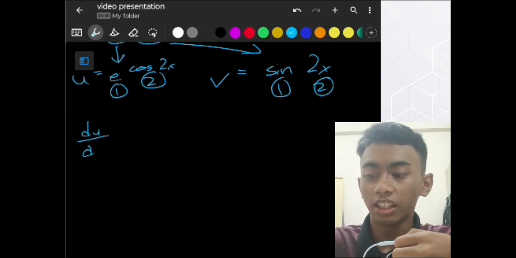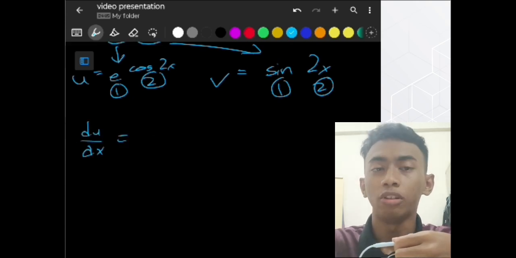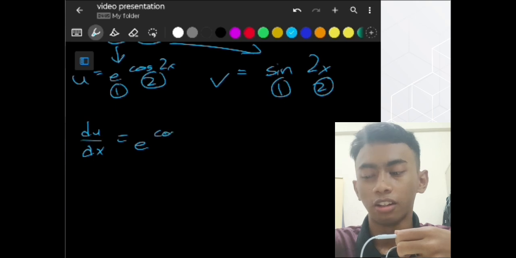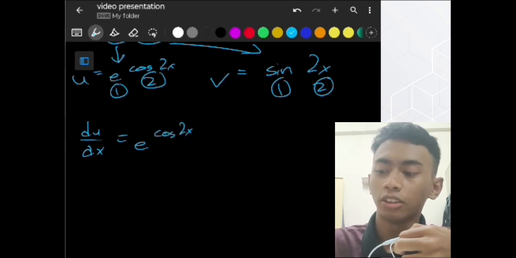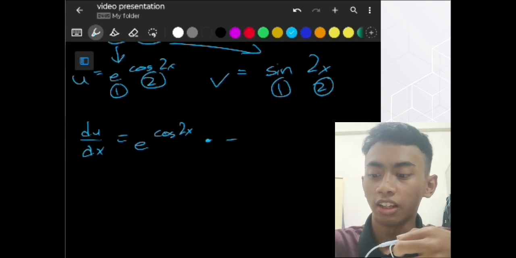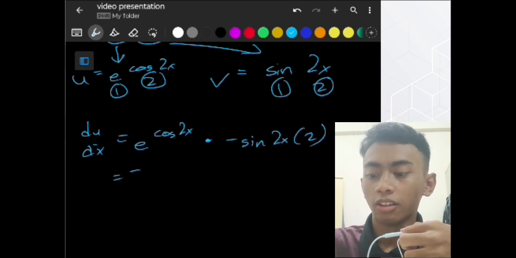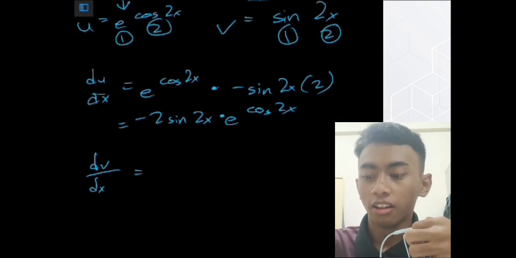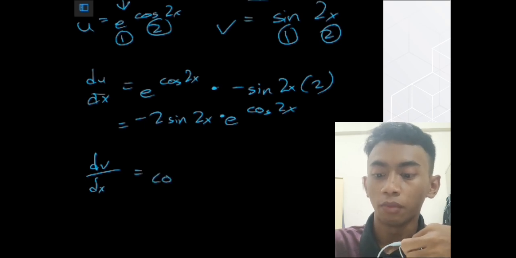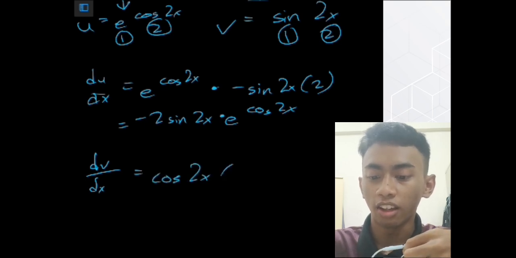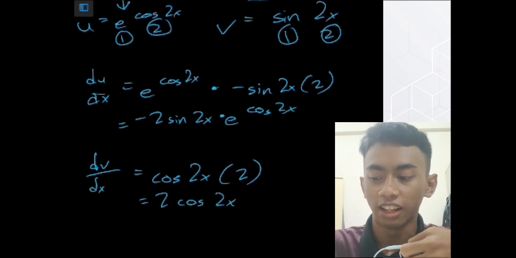If we differentiate e to the power of cos 2x, it will be the same, e to the power of cos 2x. And then we must differentiate cos 2x, which will become negative sin 2x times 2. And then you just multiply it to get du/dx. Next, dv/dx, we must differentiate sin 2x first, which will become cos 2x, and 2x will become 2. So multiply that and we get dv/dx.